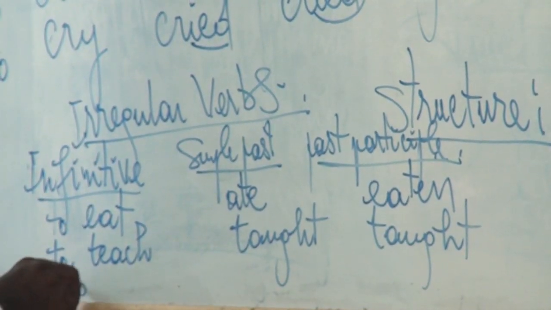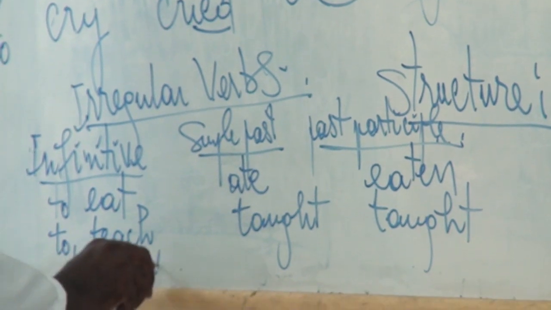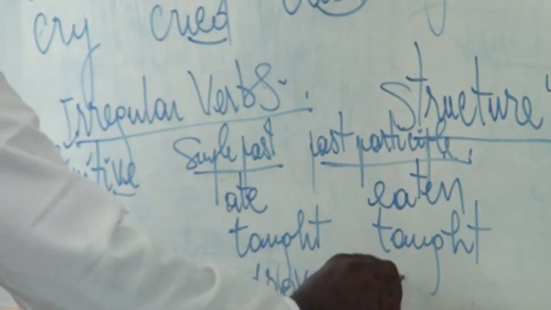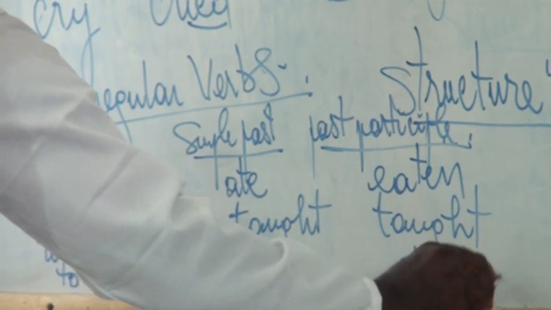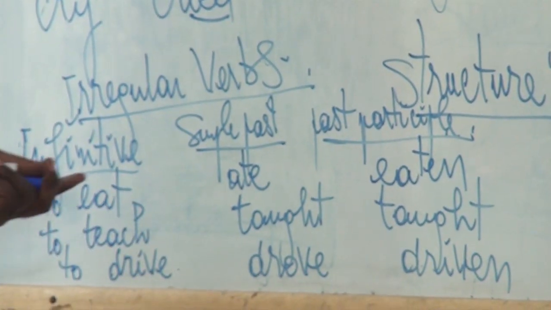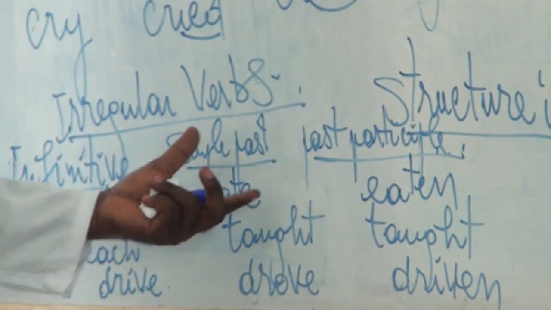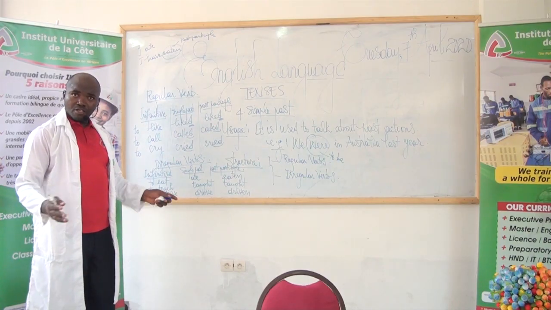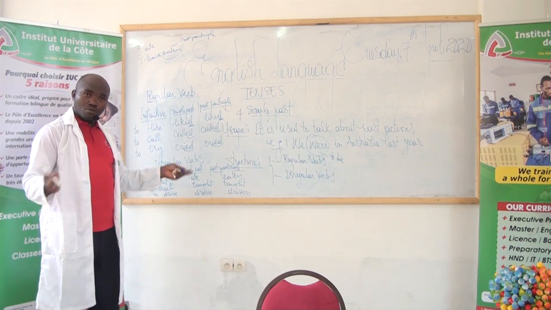If we take the case of the verb to drive, the simple past tense is drove, and the past participle is driven. Now, what do we observe? We observe that as far as irregular verbs are concerned, all we have to do is to learn them.